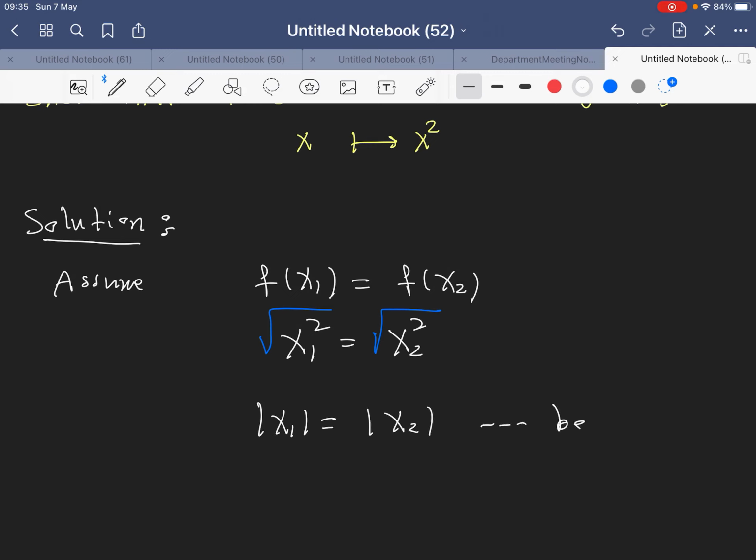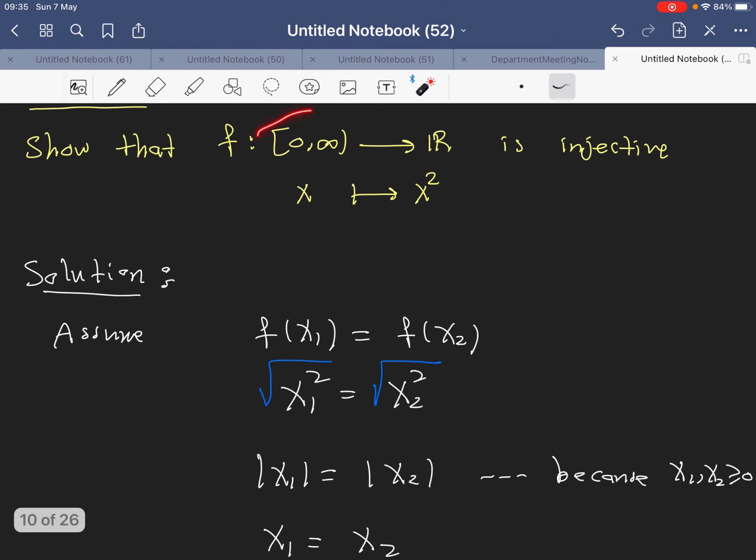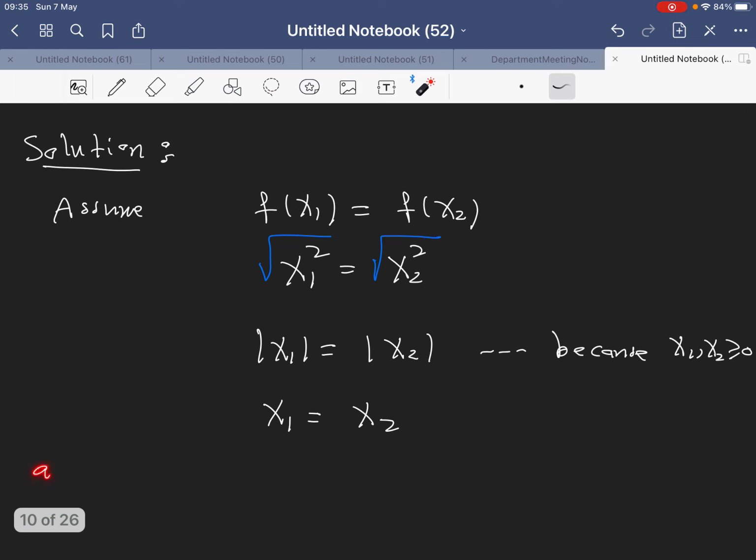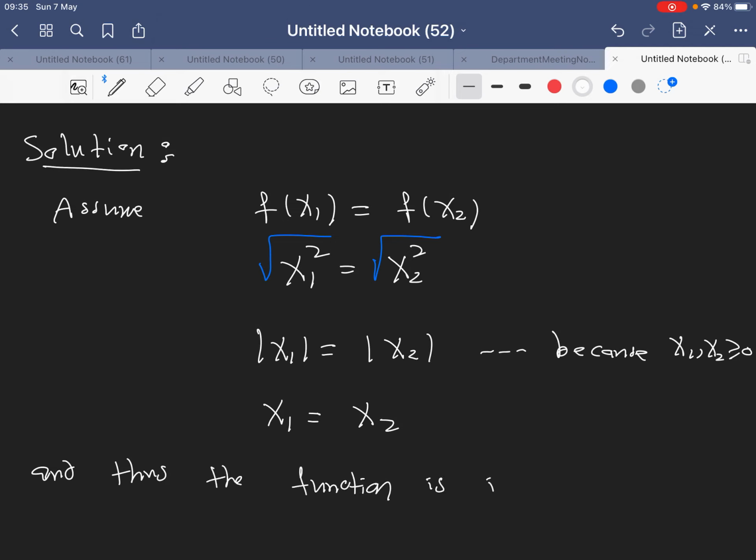Now, because x1 and x2 are positive, or at least not negative, the absolute value will be the same. Remember, x1 and x2, they live here. They are positive, maybe 0, but that means the absolute value will be the same. So x1 equal to x2, and thus the function is injective.